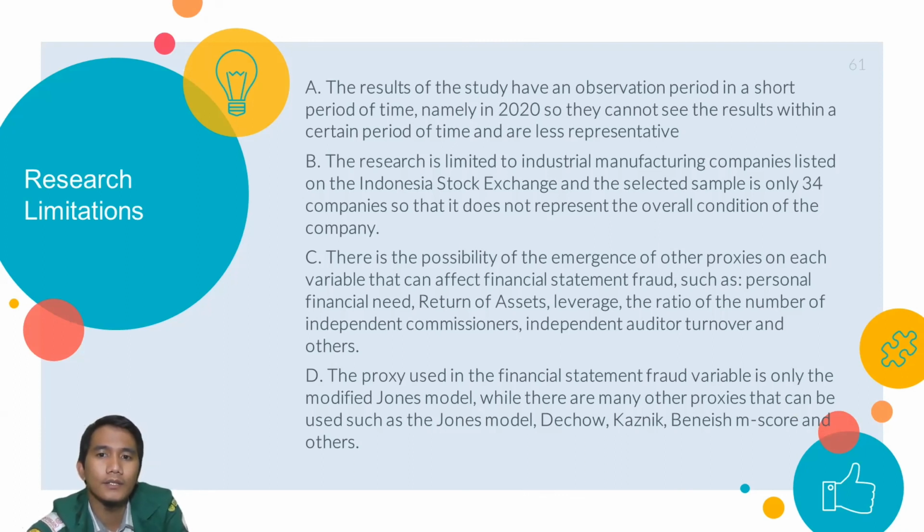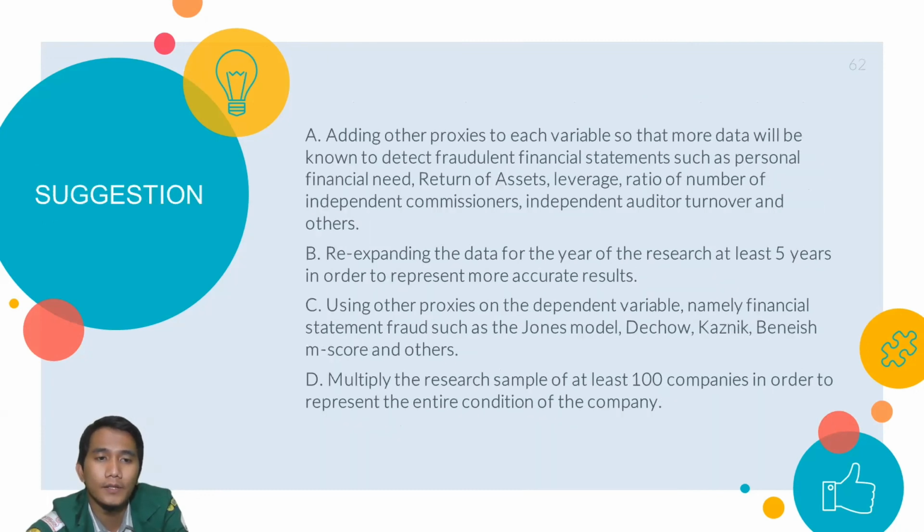The research is limited to listed manufacturing companies. There may be other proxies as variables that can affect financial statement fraud, and the only proxy used for the financial statement fraud variable is the modified Jones model. Suggestions: add other proxies, expand the data to more years, use other proxies for the dependent variable, and increase the research sample to at least 100 companies in order to be representative.